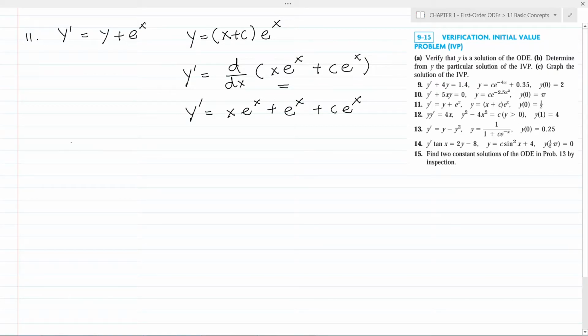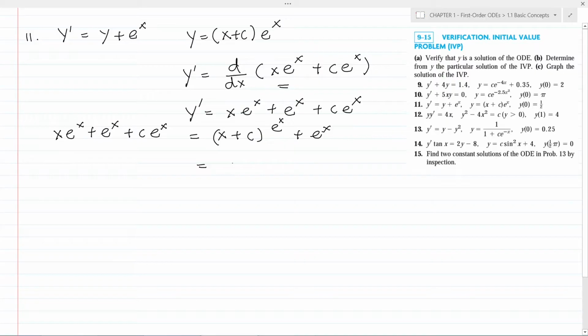We substitute all this into the original differential equation and we get x e to the power x plus e to the power x plus c e to the power x, which is equal to, the right hand side of the equation is x plus c e to the power x plus e to the power x.